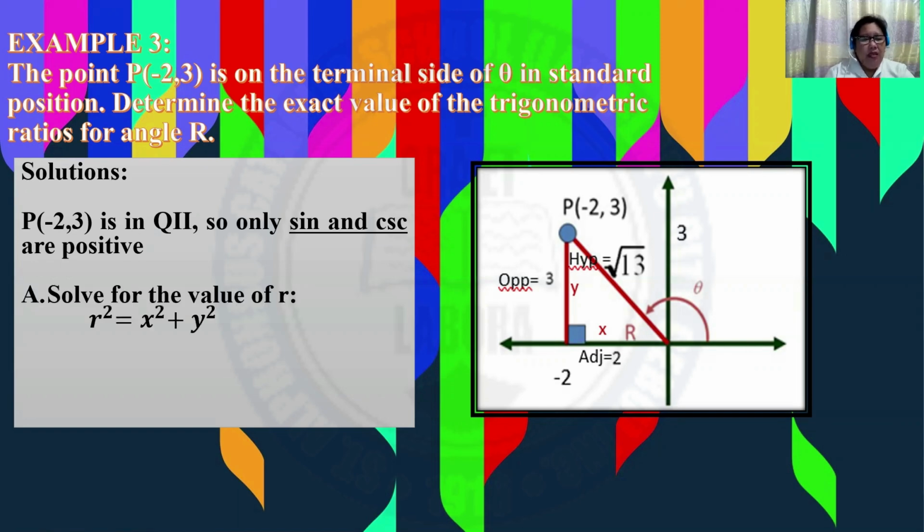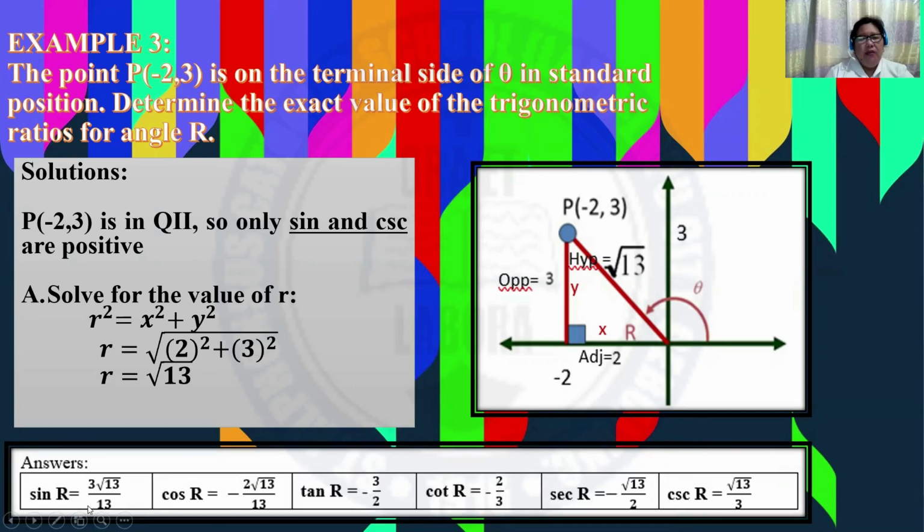Using the equation of the circle, r squared is equal to x squared plus y squared. Substitute 2 to x and 3 to y. So that is equivalent to square root of 13. r is equal to the square root of 13. If you notice, only the sine and the cosecant functions are positive.